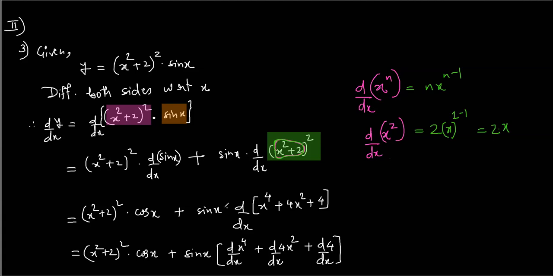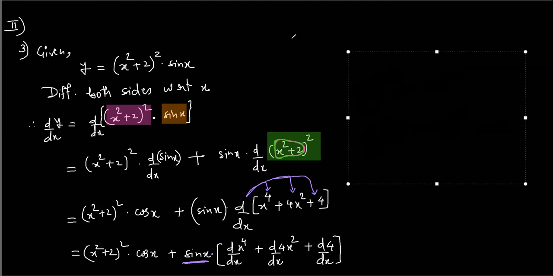See students, sine x is outside, multiplied by the derivative of this. I took d by dx for all these functions and started with a bracket, because the sine x outside would be multiplied to each one of them. If you forget to write this bracket, you commit a mistake.